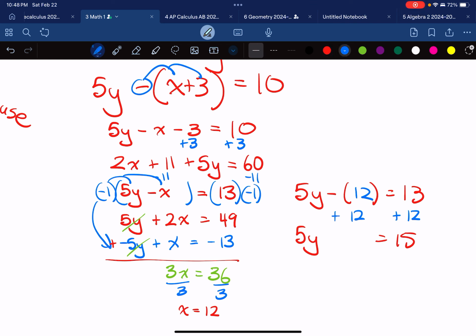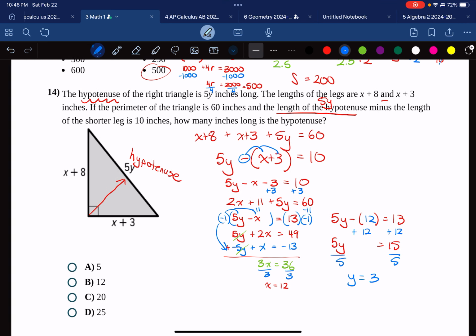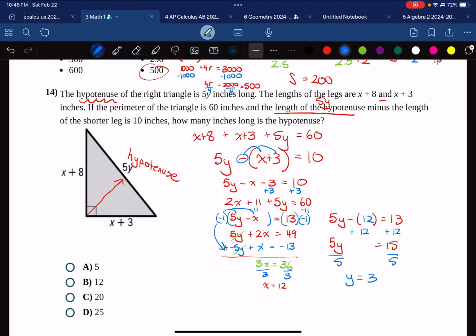And then I'm going to divide by 5, and y is equal to 3. All right, well, if y is equal to 3, then I can come up here and say this y is 3, therefore this y is 3, and the hypotenuse is 5 times 3, which is 15, which is not an answer on the multiple choice, and that means we've done something wrong.